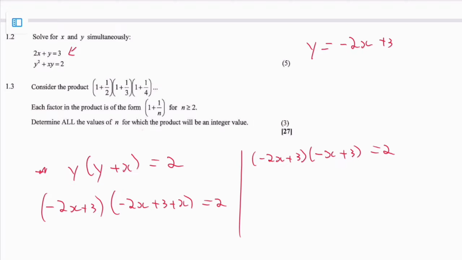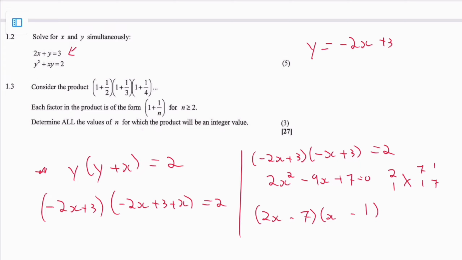So the quadratic that you get after you simplify is 2x squared minus 9x plus 7 equals 0. Let's quickly factorize that. We have two prime numbers, and so we know that it's going to look something like 2x, x. Then we need to decide which one is going to be 7 and which one is going to be 1.